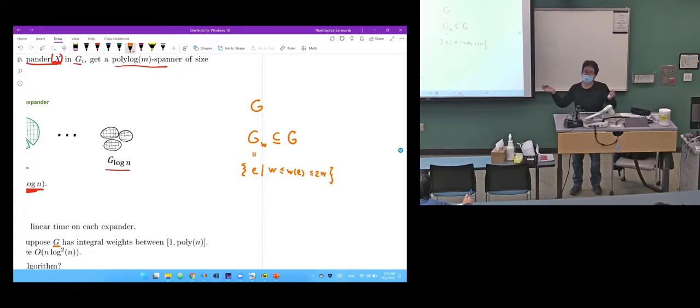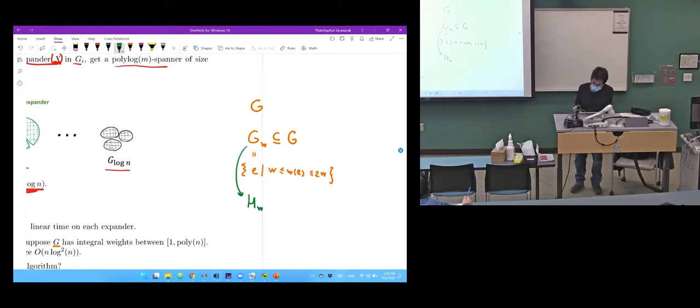So I just collect all edges of size around W into G_W.